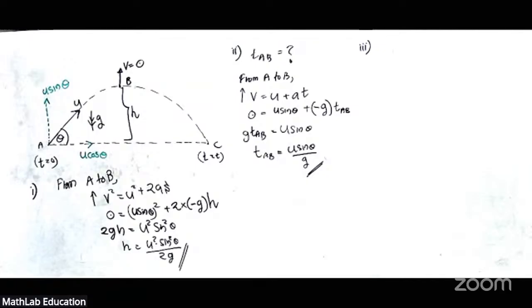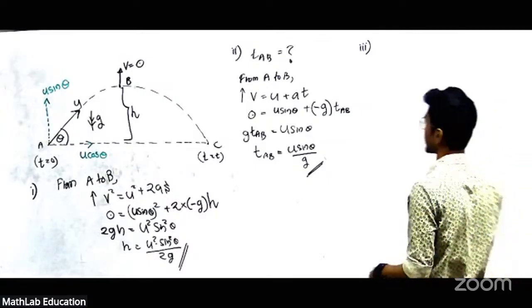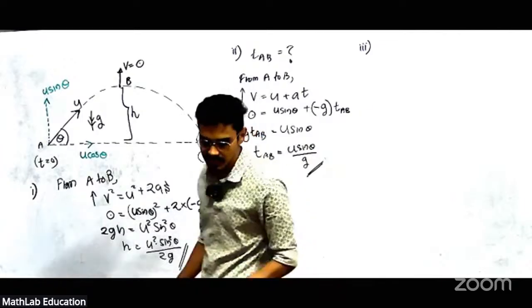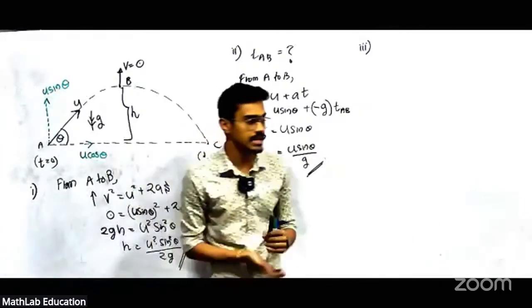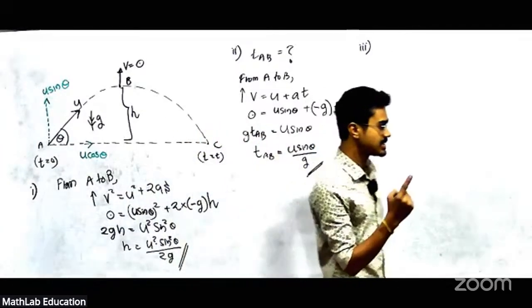That is correct, but I asked you to apply an equation and get it, right? Because we are going to prove this. Now, after proof, you can use it as well, but now try getting it using an equation. And the hint is, we did the same thing under linear motion.